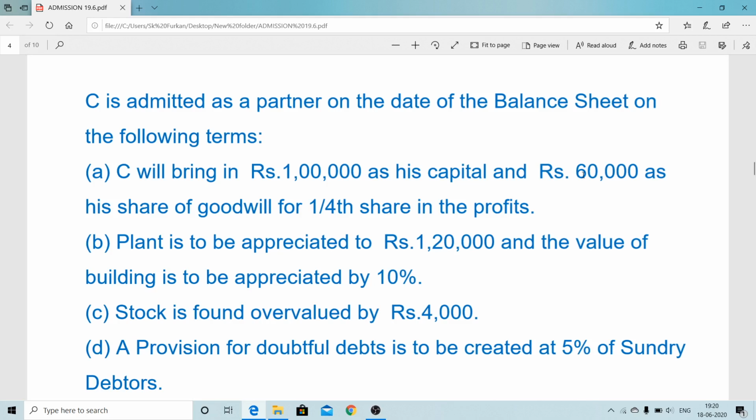So in this case step 2, valuation of goodwill, is not required, as well as step 1 is also not required. Why is step 1 not required? Here the old ratio is provided and the new ratio is not separately mentioned, nor is indirect information there. The incoming partner entered, but there is no information that he acquired this share from A and that share from B. Therefore, the old ratio will come as the sacrificing ratio.